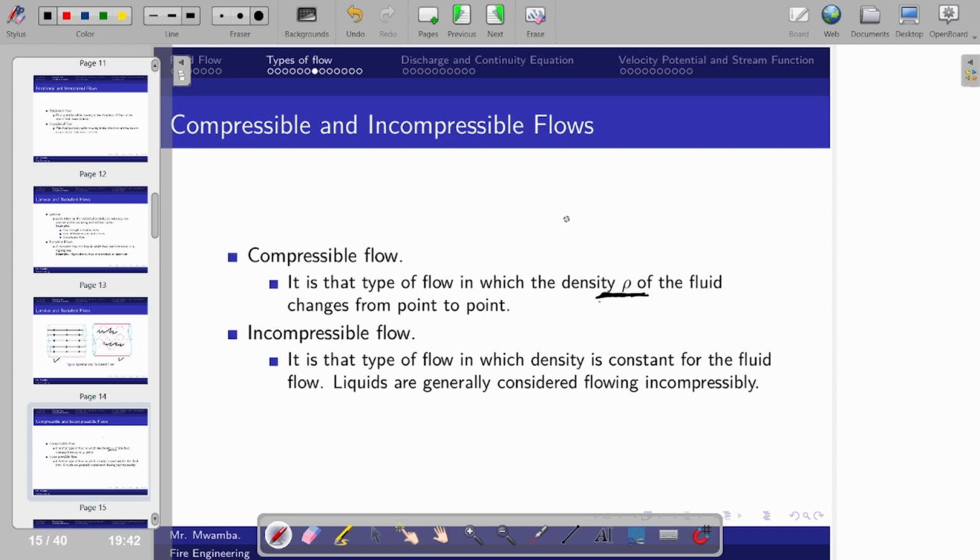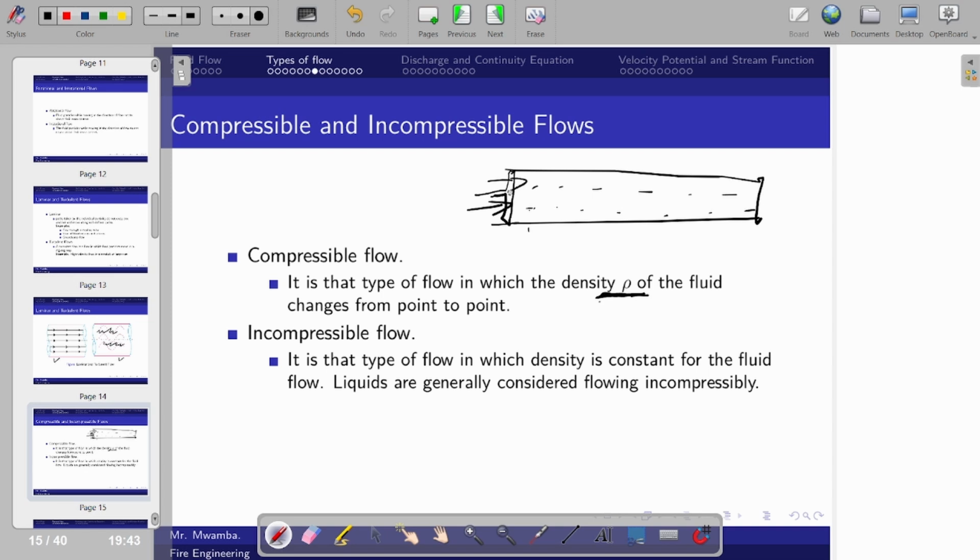For example, if you have a fluid packed in this pipe, and this end is closed, and you put some pressure here, suppose it's a hydraulic jack, to try to compress this fluid.